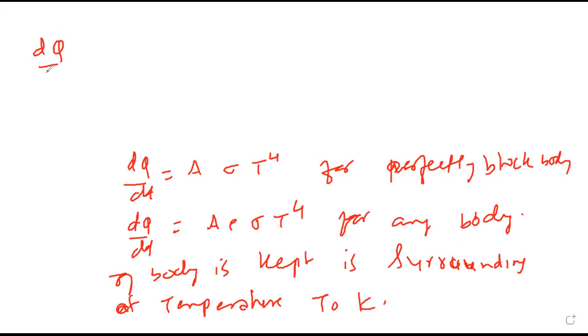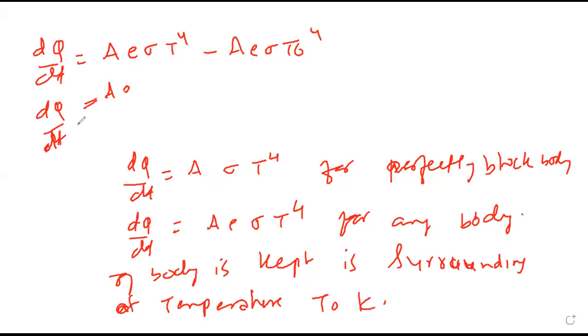So I can say dQ by dt will be A e sigma T raised to 4 minus A e sigma T naught raised to 4. Therefore dQ by dt will be A e sigma, T raised to 4 minus T0 raised to 4. So this is the formula, by using Stefan's law of radiation, to get heat radiation.